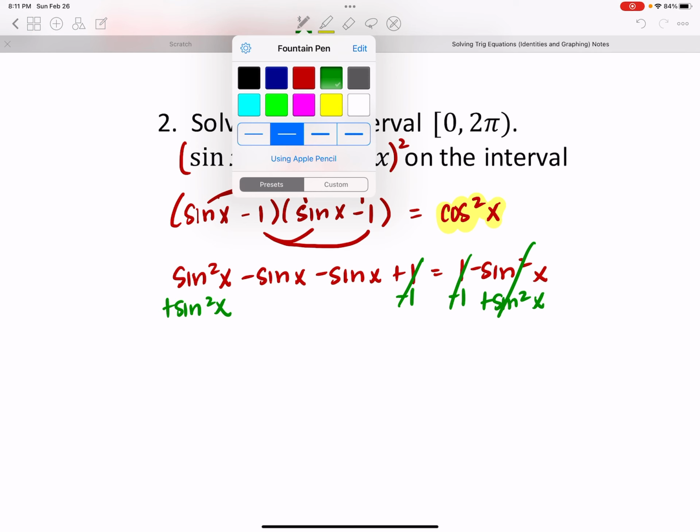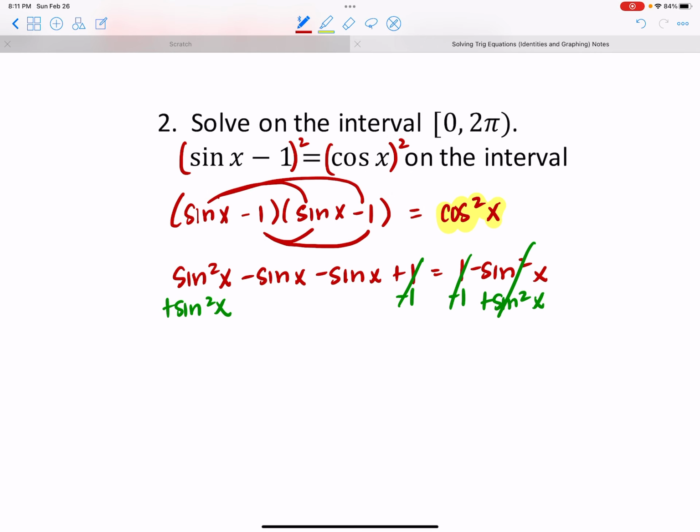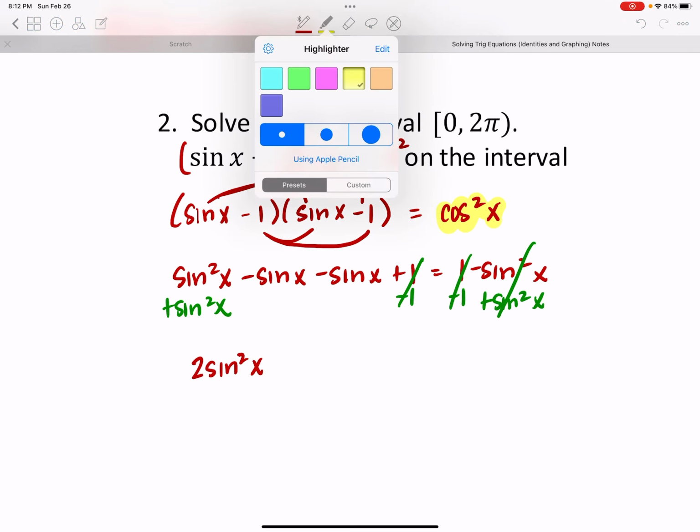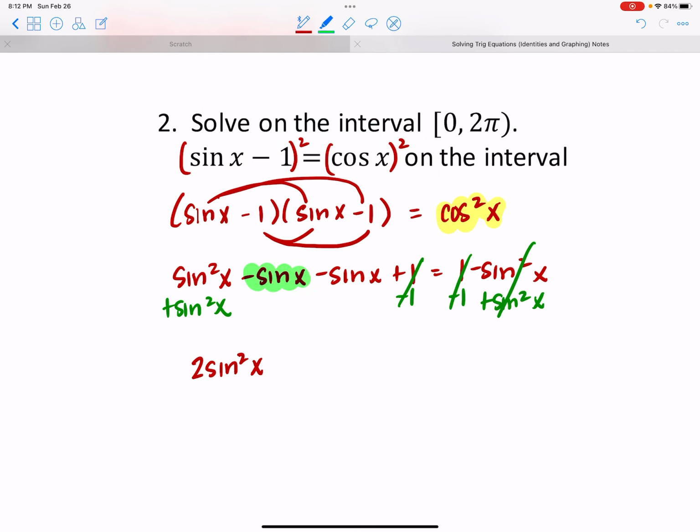What I'm left with is a sine squared plus another sine squared, which makes 2 sine squared of x. And then I also have like terms here. I can combine negative 1 sine and negative 1 sine to make negative 2 in front of my sine of x. And then the 1's cancel, so nothing left, just my equal and my 0 that I was trying to get so that I could put this in factored form.